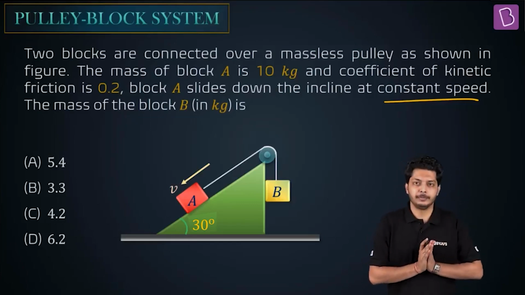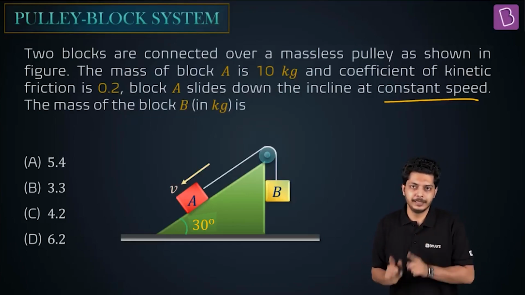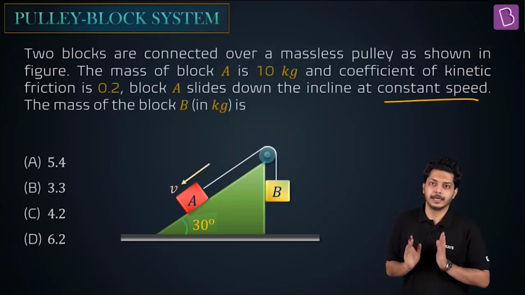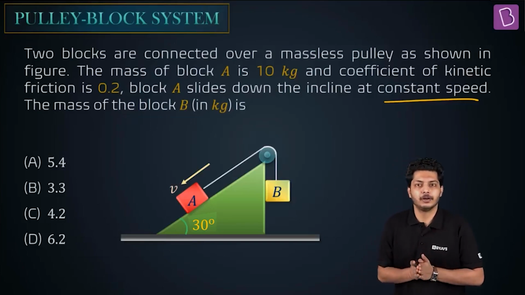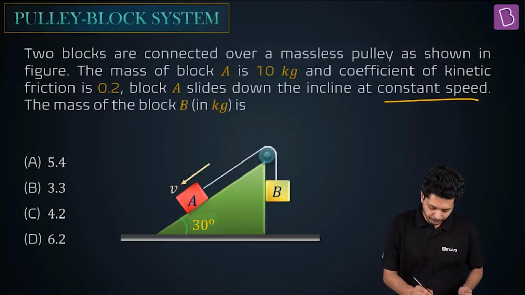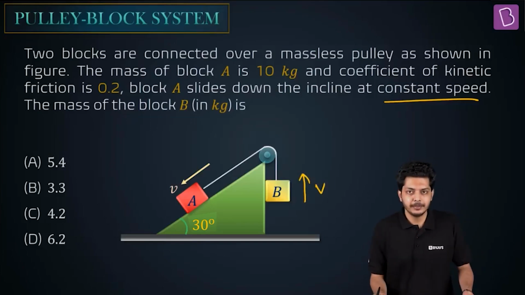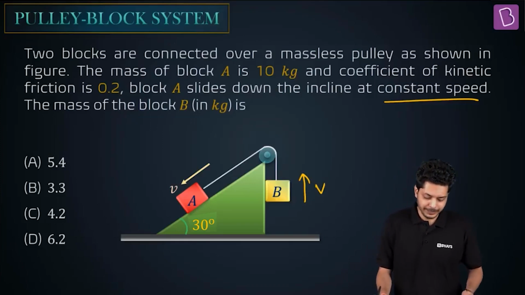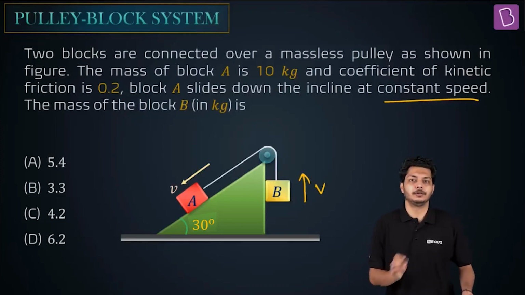Now moving on to block B. Since block B is connected to block A by a rope, then from the principle of constrained motion, block B is also moving upwards with the same constant speed. So from the same law, the net force on block B also should be 0.